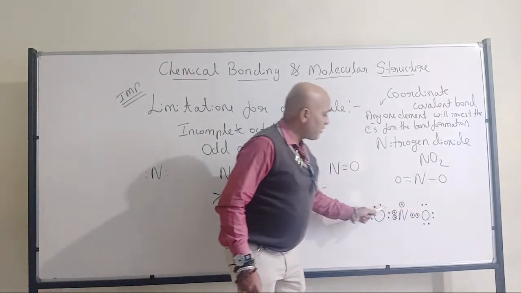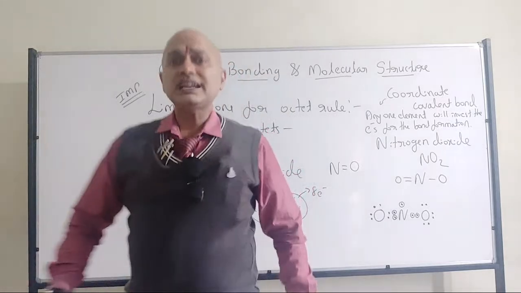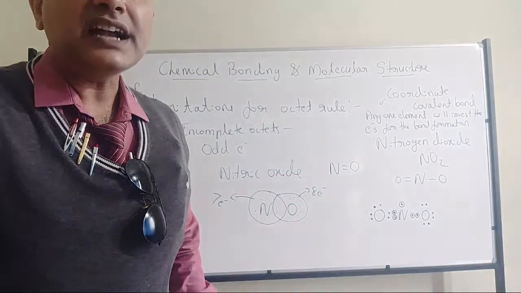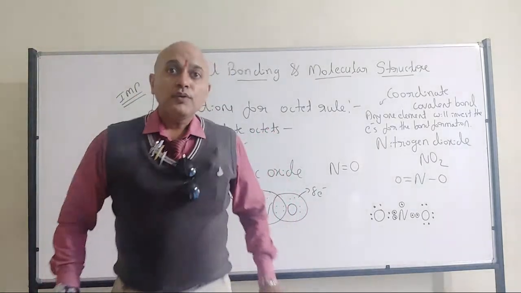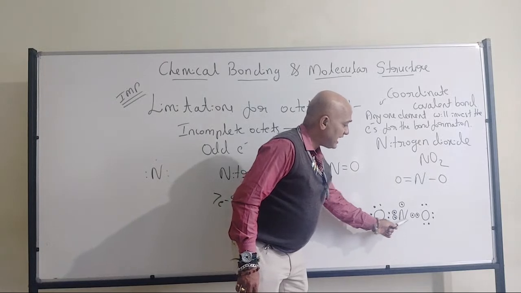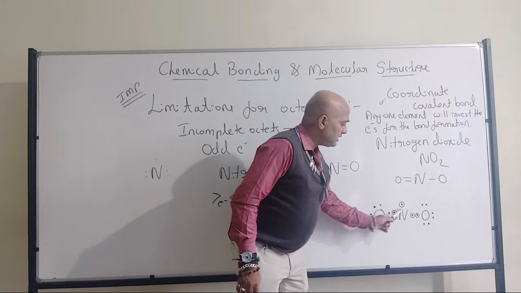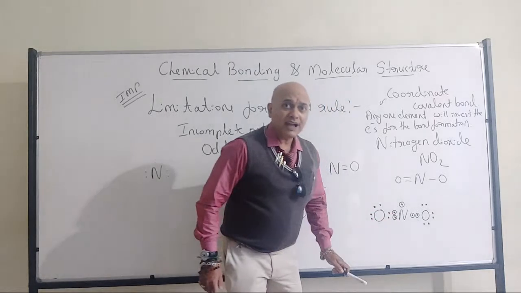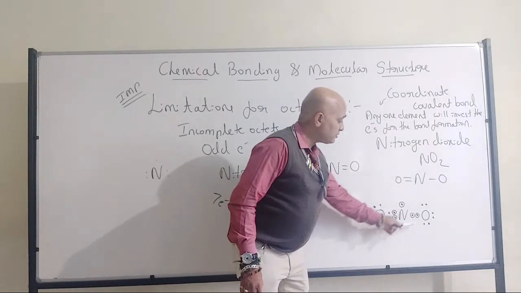Whatever electrons of oxygen, they are present as dots. Just to make you understand what exact bonding is happening. This nitrogen has invested both of its electrons. 1, 2, 3, 4, 5. So total valence electrons of nitrogen is 5. That's how it has been distributed.